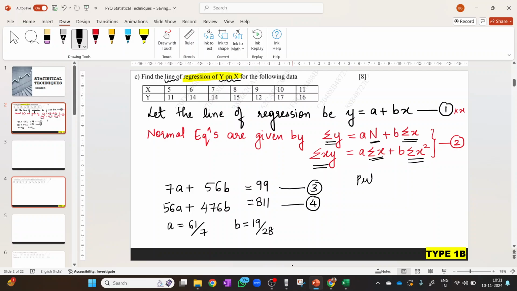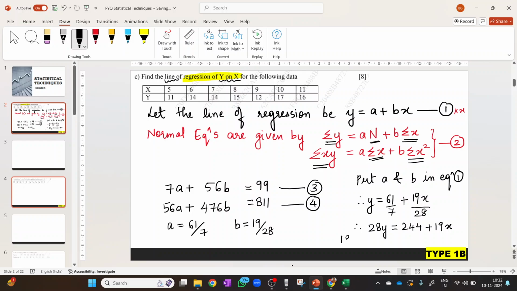Put these values of A and B in equation number 1. So now your line is y is equal to 61 by 7 plus 19x by 28. If you multiply throughout by 28, you will have 28y is equal to, let's multiply by 4, 244 plus 19x.